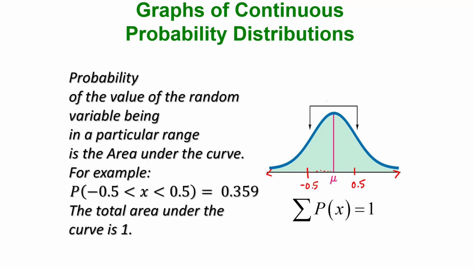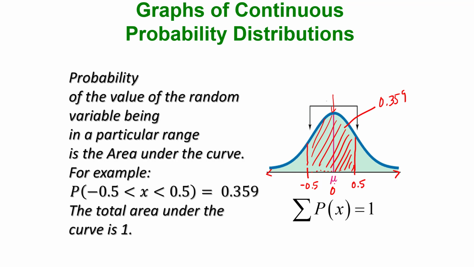This shows that, for example, if 0 is right in the middle, that occurs with the greatest probability. But it also tells you specifically that if you find the area between negative 0.5 and 0.5, and that area under the curve is 0.359, that tells you the probability of a value being between negative 0.5 and 0.5 is 0.359.